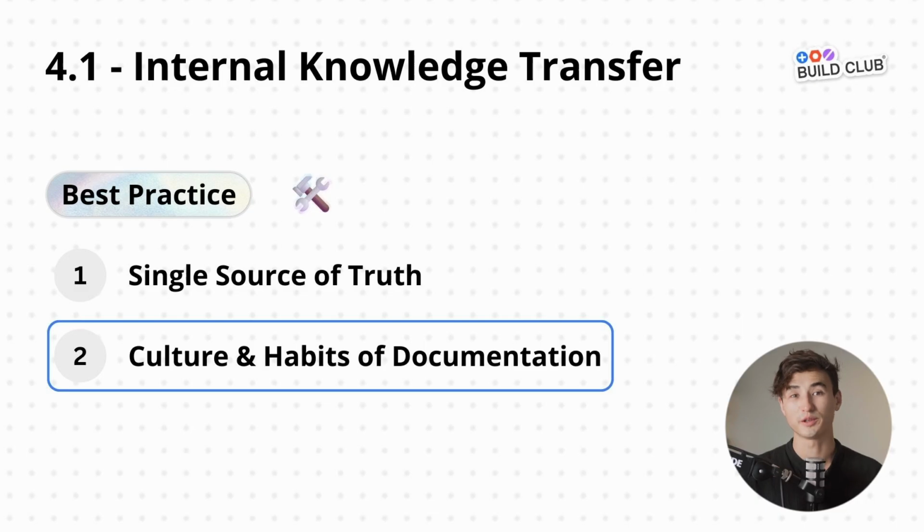The second fundamental is develop a culture and habits of documentation. Without this culture, which should come from leadership, nothing will get done and your company knowledge will be stale, unorganized, and irrelevant. For behavior change to occur on an organizational scale, you need a leadership-led, orchestrated push to develop this culture.